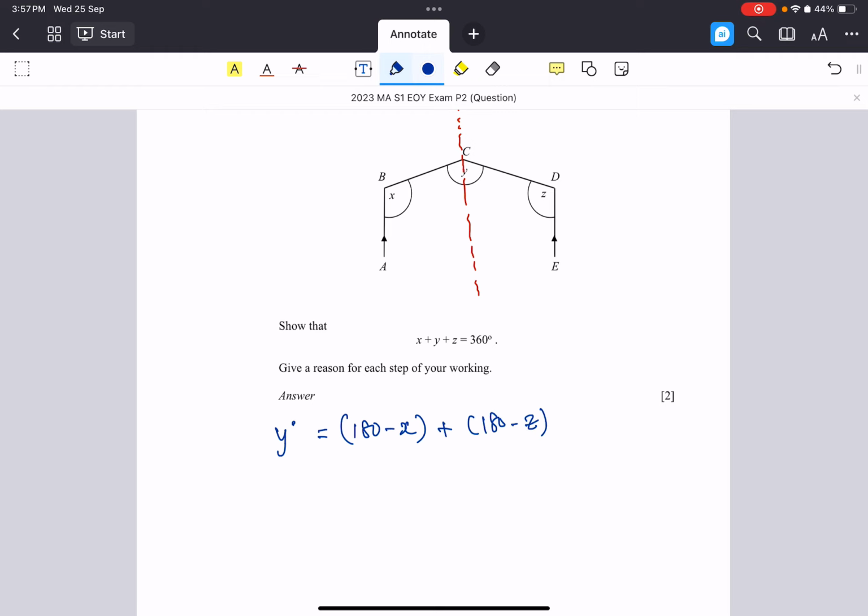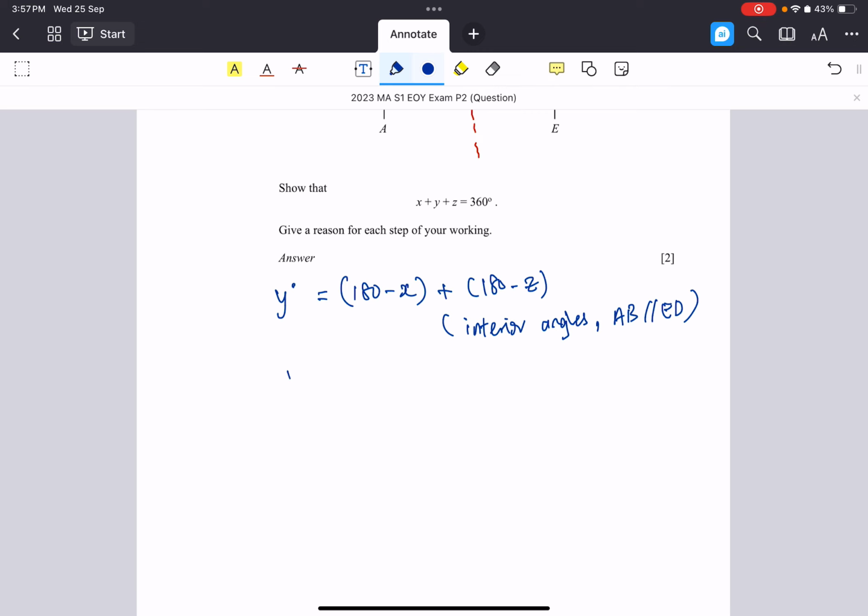The reason is because of interior angles, AB parallel to ED. From here, we simplify. This will be y equals 360 minus x minus z. So x plus y plus z equals 360. Shown. There we go. Okay, so moving on to the next part.